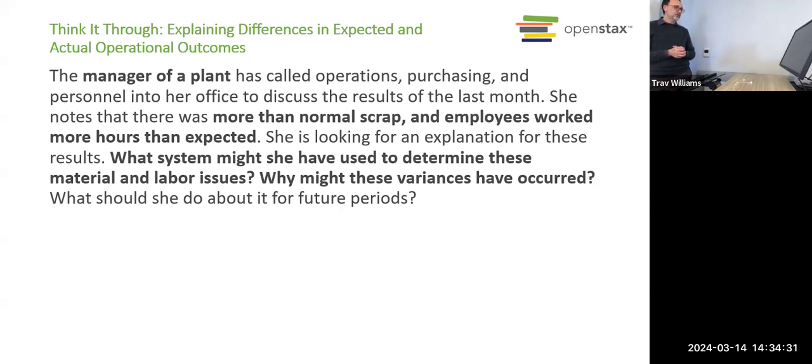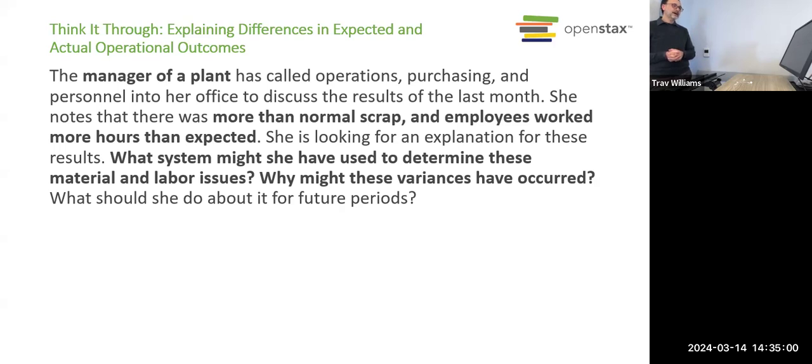And the employees are working more hours than expected. What system might she have used to determine these issues? Well, variance analysis, right? That's what we've been doing. Figure out your costs, your standard costs, figure out your actual costs and how they vary. And then that tells you where there might be some problems.